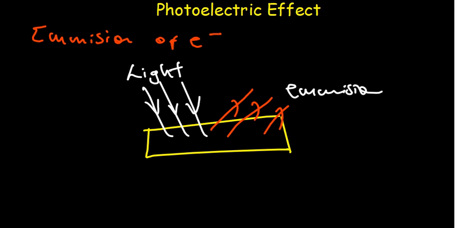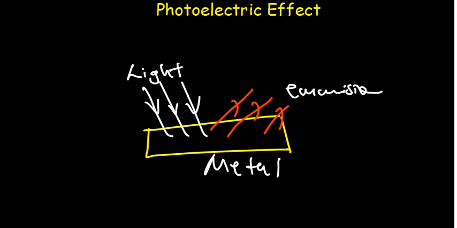So emission of electrons from that metal surface is what we are calling the photoelectric effect. There are a few things that you'd have to know about the photoelectric effect that govern how many electrons are emitted from that metal surface.